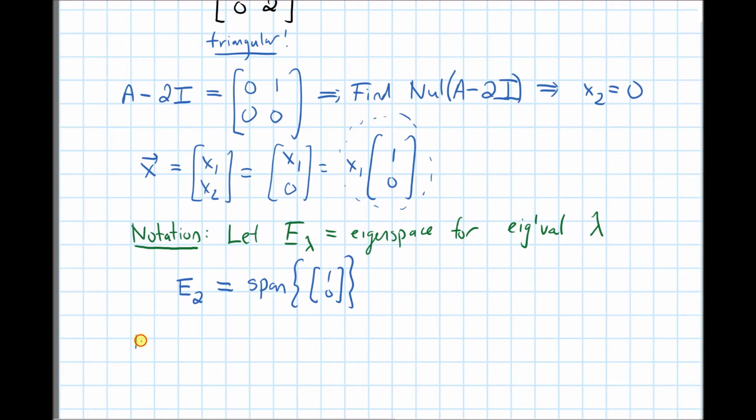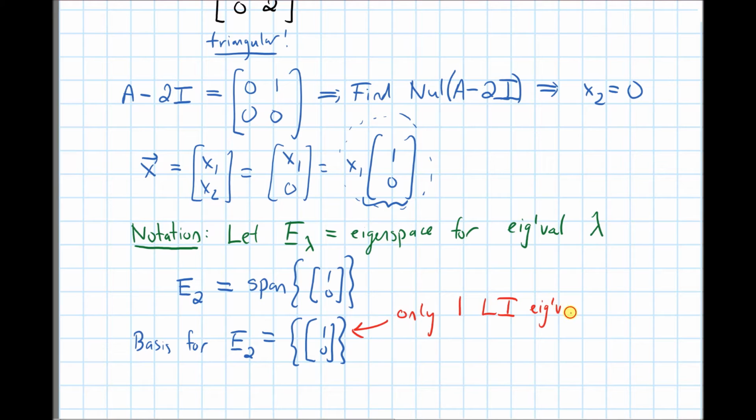But now let's try to form a basis for this eigenspace. The basis for the eigenspace would just consist of this vector right here. We would just take that vector, 1, 0, and that would be the only vector in our set. All right, so the issue with this now is that we only have one linearly independent eigenvector, but for a matrix to be diagonalizable, there have to be n linearly independent eigenvectors.